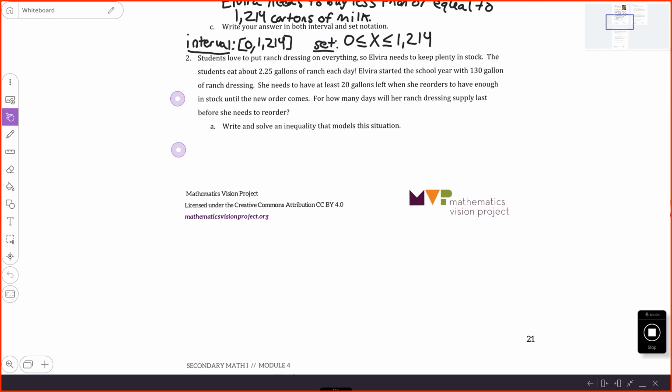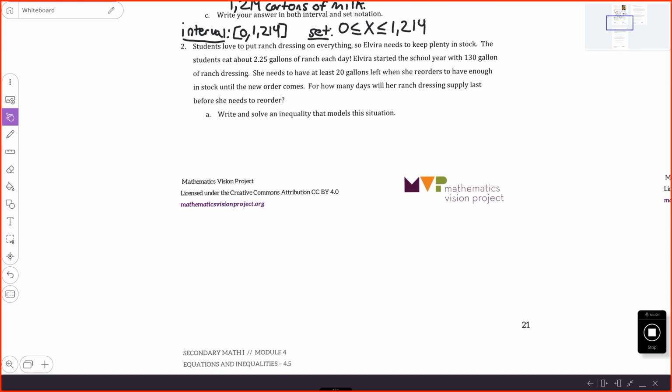Number 2, a different word problem. Students love to eat ranch dressing, so Alvera keeps plenty in stock. Students eat 2.25 gallons each day. She started the school year with 130. She needs to have at least 20 gallons left before she reorders. How many days does the ranch supply last before she reorders?